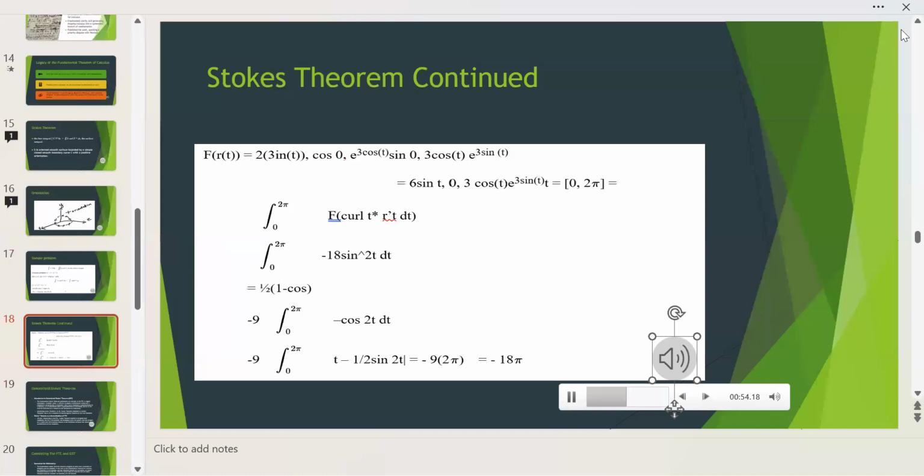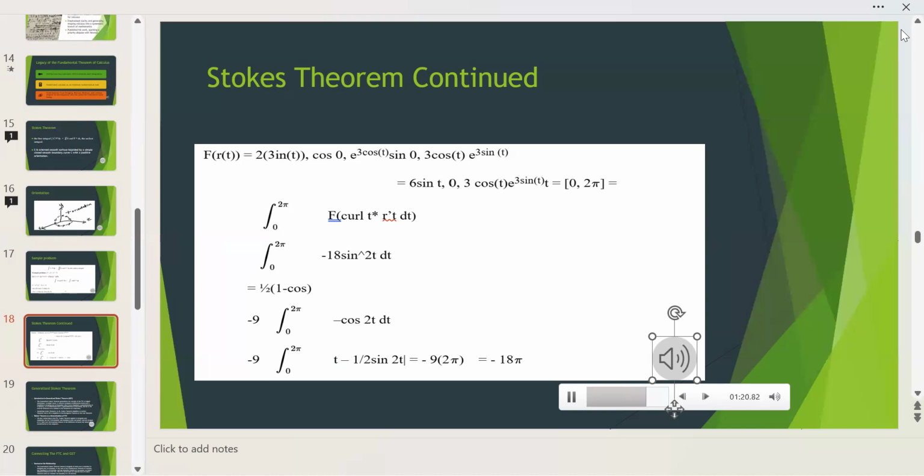So if we take the integral from 0 to 2 pi of curl F times r of t dt, we get negative 18 sine squared t dt. That is equivalent to one half times 1 minus cosine 2t.